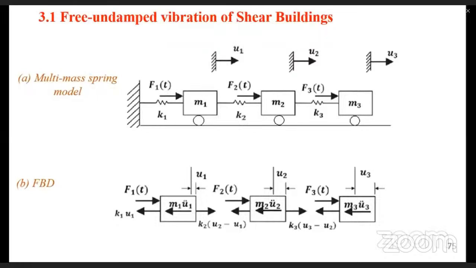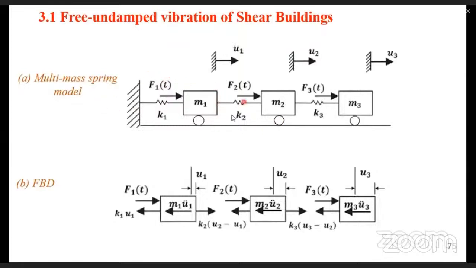Then the column stiffness is represented by the stiffness of the spring. And then we introduced what some old books usually call the dashpot. For now, we are not showing the damping, just for clarity, but you can introduce it here. Up to this part is what we had for a single degree of freedom system.